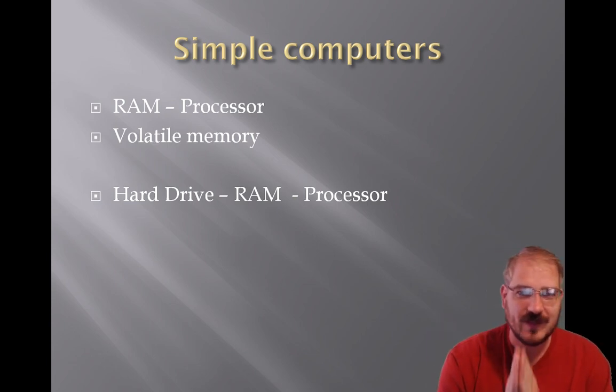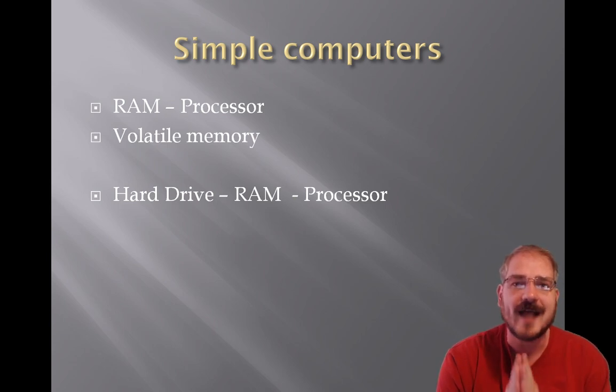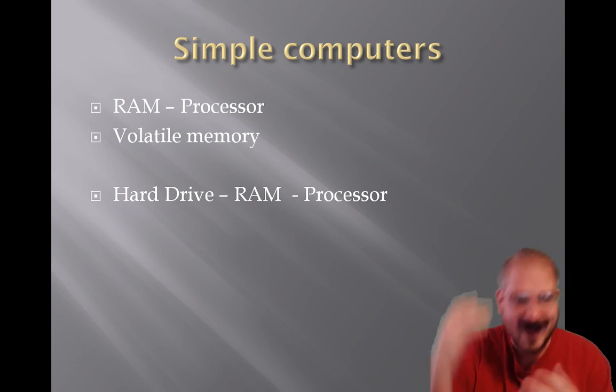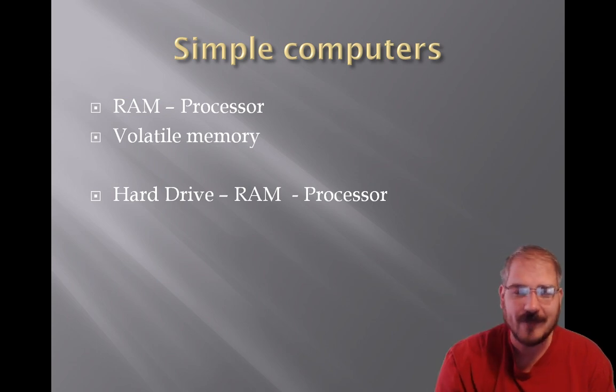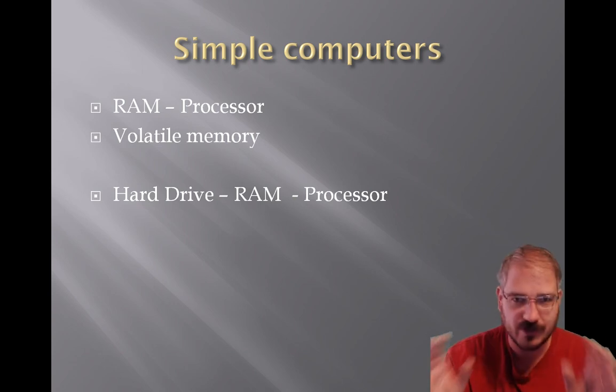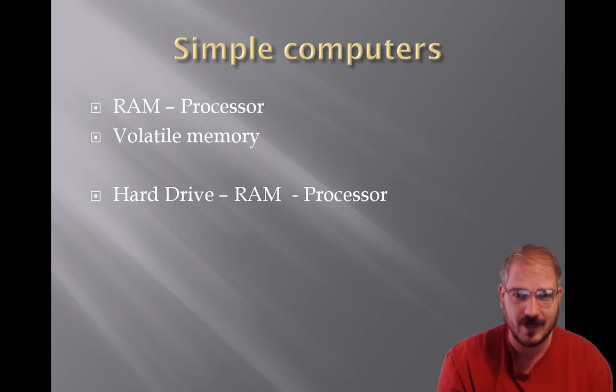The problem is that RAM, because of the way it's designed, is volatile memory. That word volatile means easy to damage or easy to lose. With RAM, every time you turn your computer off, there's no longer power going to it, all the ones and zeros that were stored in RAM are gone. They no longer exist. You can't find them anywhere, right?